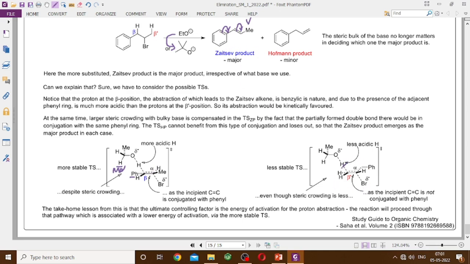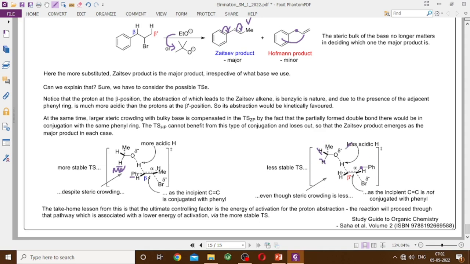Compared to that, in the Hofmann case, where you are abstracting the hydrogen from the red beta prime carbon, the double bond forming between alpha and beta prime is not conjugated to the phenyl, because between the phenyl ring and the forming double bond we have a CH2. So conjugation between these two systems is not possible, even in the transition state. That is why even if you replace these hydrogens with methyl, you are not going to get the Hofmann product as the major product.